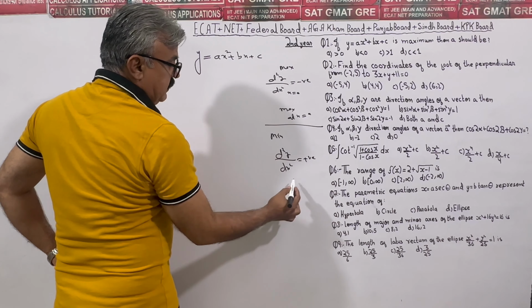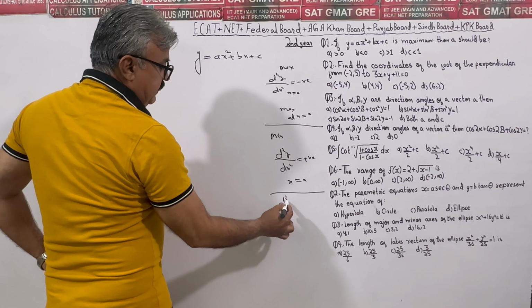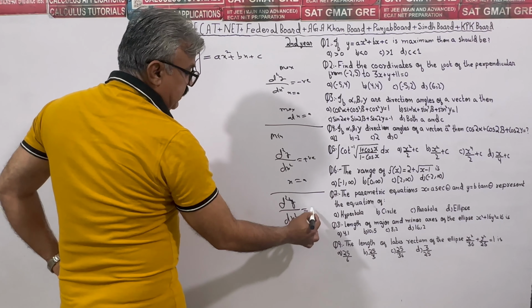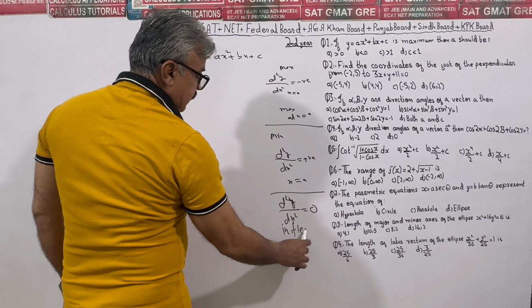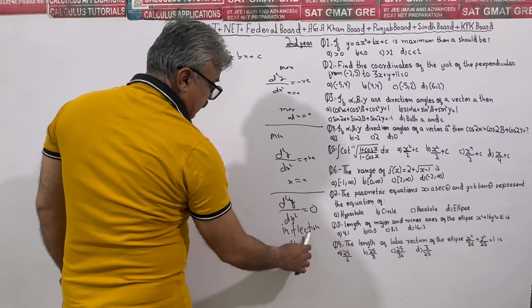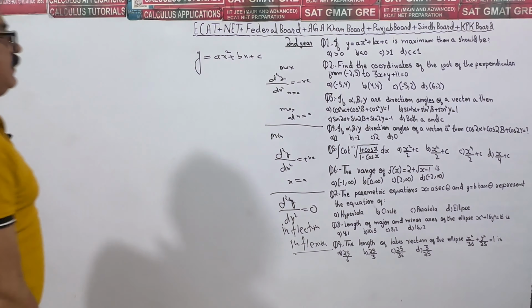If the double derivative is 0, then it is neither min nor max. It's known as point of inflection.